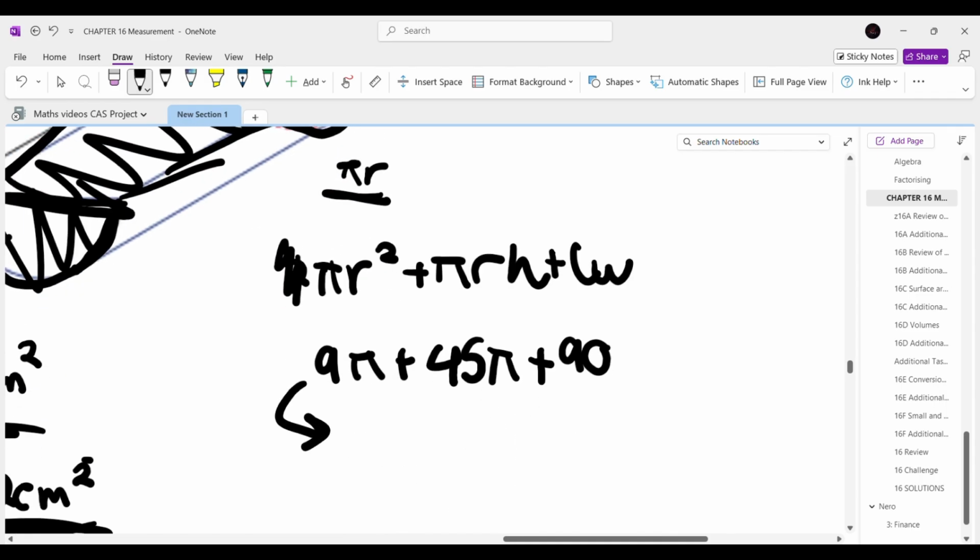Now let's just simplify this all down. We have 9 plus 45 is 54 pi plus 90.